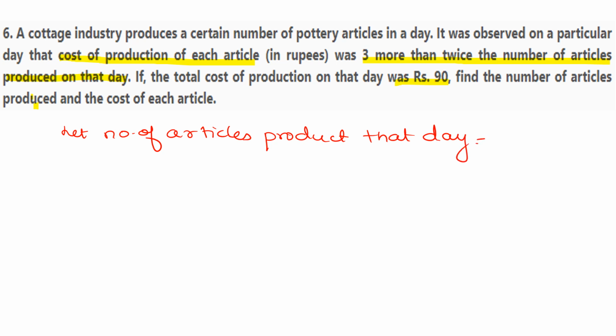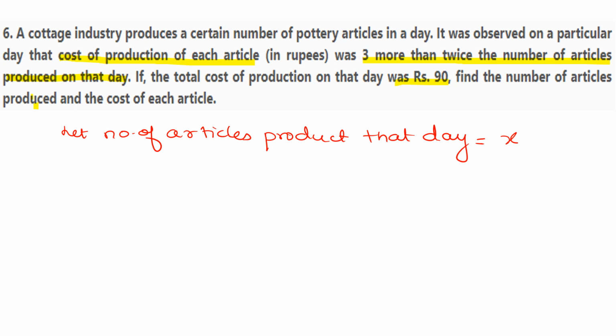Let the number of articles produced that day be x. Now if the total cost of production is 90, what will be the cost of each article? We can take a particular example. Suppose the number of pencils produced per day is 10, and the total cost of production on that particular day is 100. So the cost of one pencil we find by dividing total cost by the number of pencils produced that day.